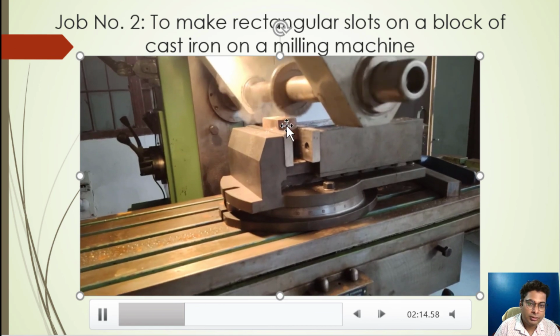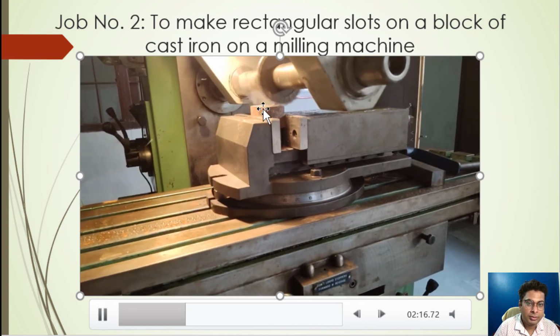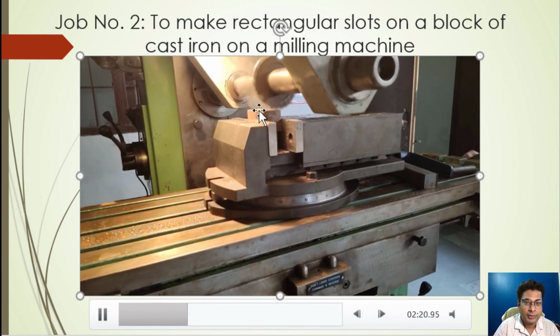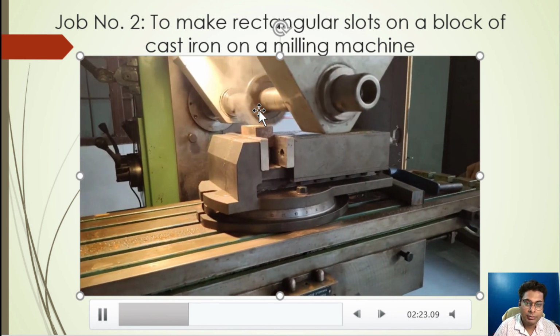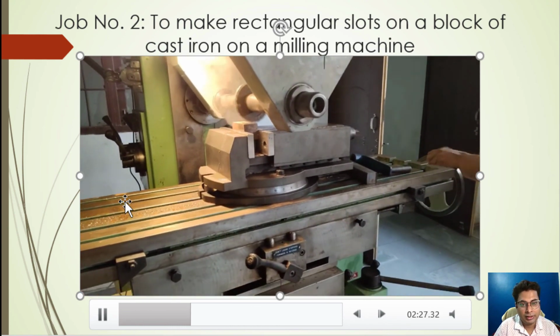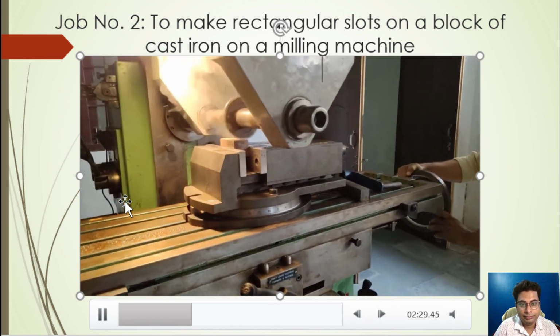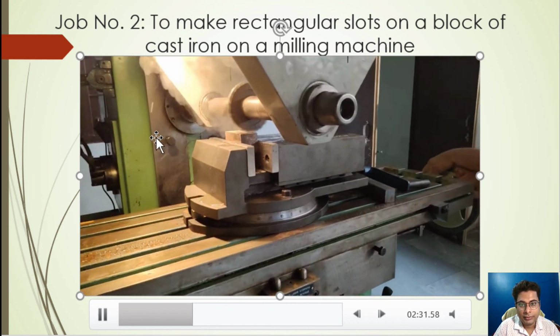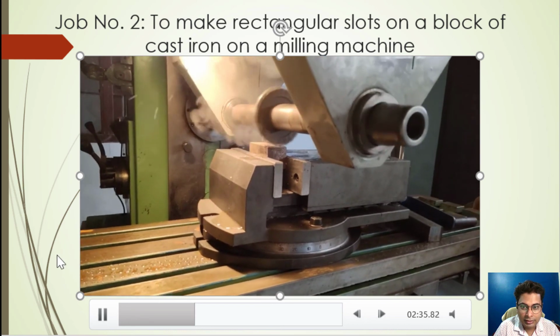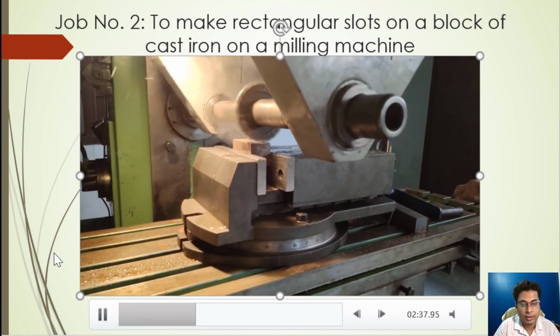Smoke is coming out of the workpiece during the machining process, which indicates that the cutting fluid which is being given is being evaporated, as well as a very high amount of heat is being generated. The small particles coming out of this are the chip particles along with the cutting fluids.